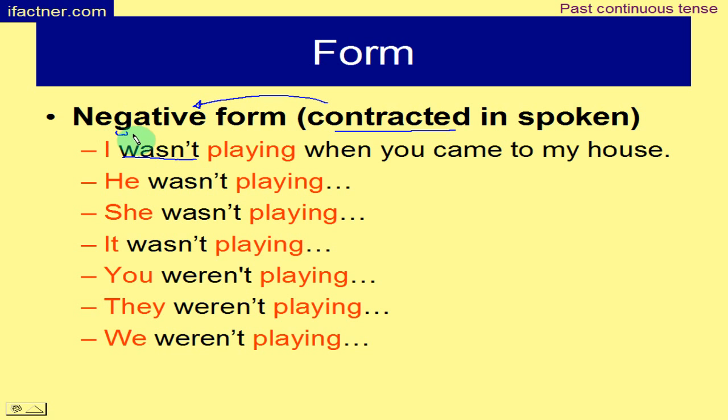Instead of was not, I am using the contracted form, that is wasn't. And if you observe, I am using an apostrophe. This apostrophe indicates that something is missing, or it shows that we are using the contracted form.